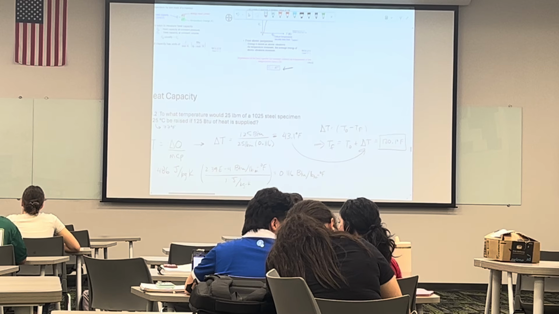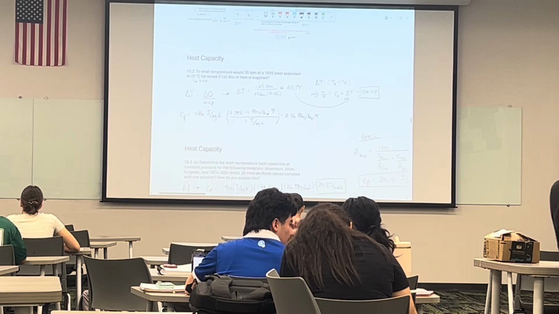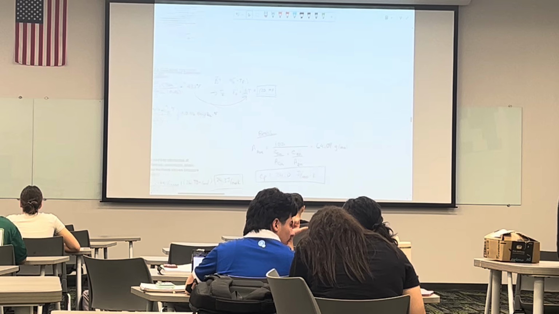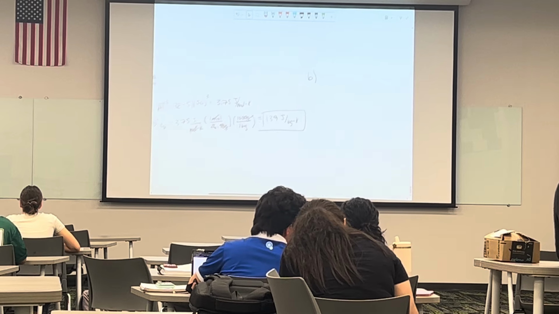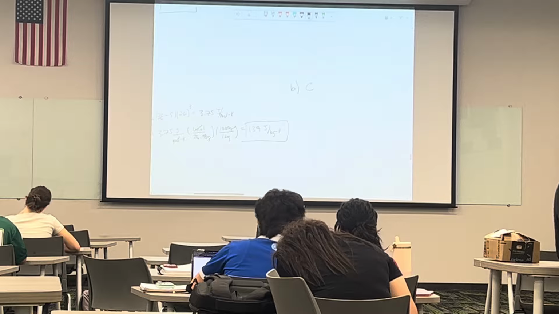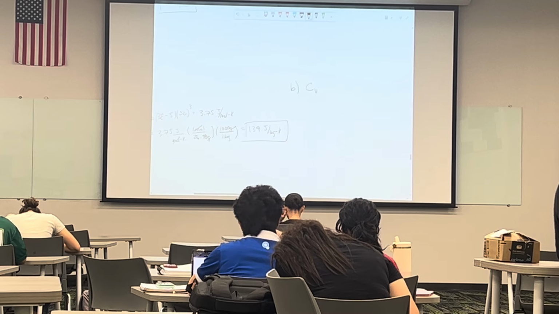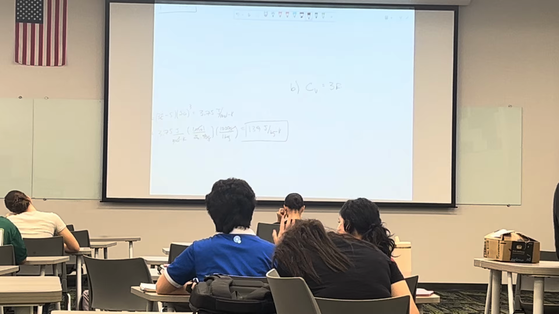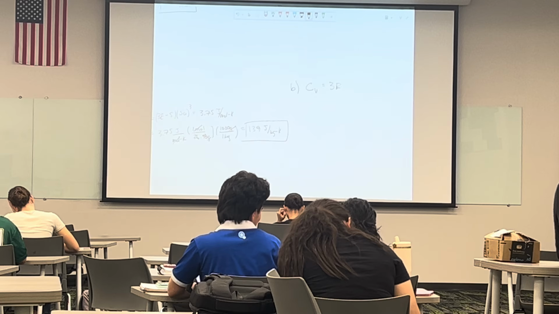From there, I believe you can use the same method that we just used, but you can also use this approximation, which is that the capital CV is equal to 3R, with R being just the gas constant.